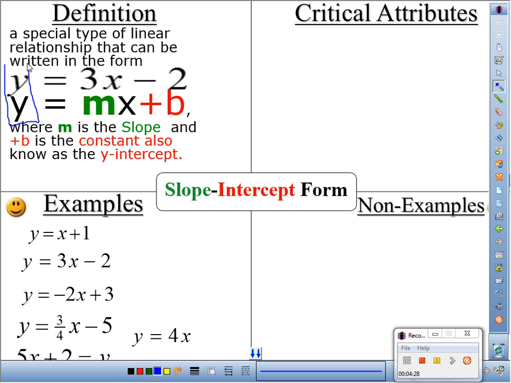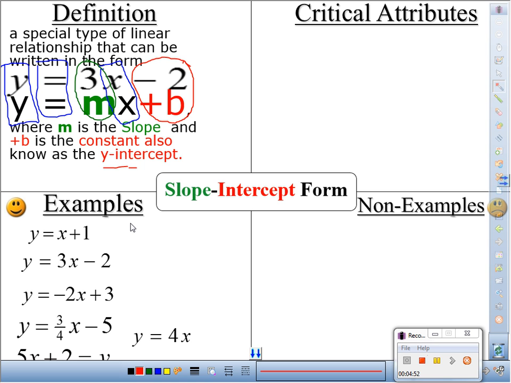The y, the equal sign, and the x. Therefore, according to the form, this m, which is the slope, corresponds to what? 3. That's why my slope for this equation is 3. Therefore, plus b, which is our y-intercept, is negative 2.